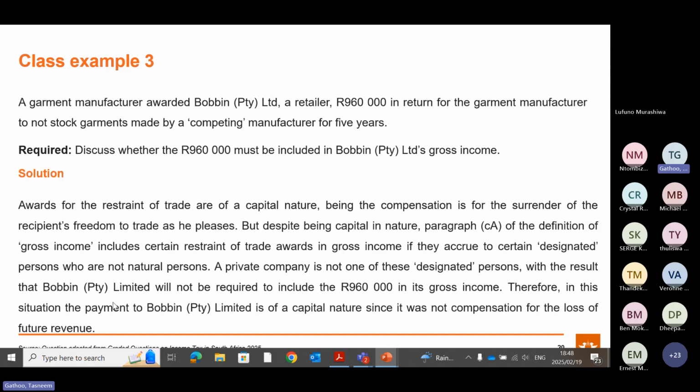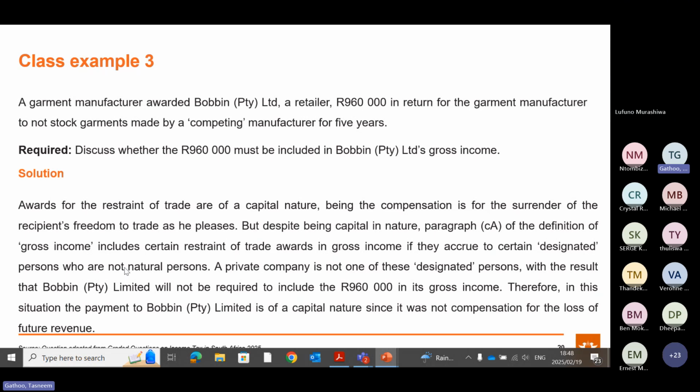So let's look at the solution here. We're saying that the award is for the restraint of trade, which is generally capital in nature, but paragraph CA of the definition of gross income includes certain restraint of trade awards if gross income accrues to certain persons who are not natural persons.